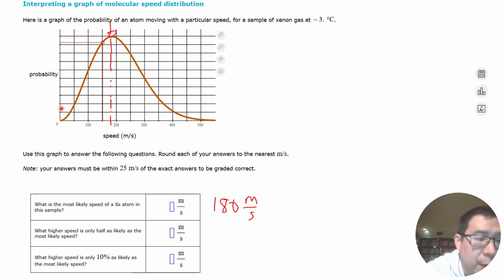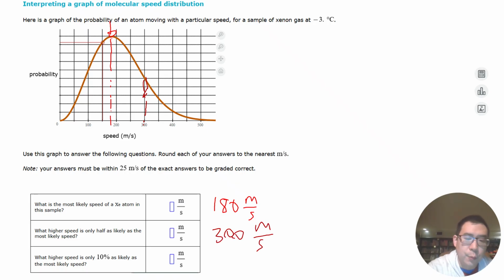Half of 10 is 5, so we count 1, 2, 3, 4, 5 lines, and we read across. There are two speeds, one here, and it's asking for the higher one, so it's over here, right? So we drop down, and it looks like it's about 300 meters per second.